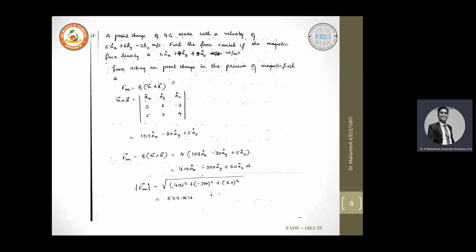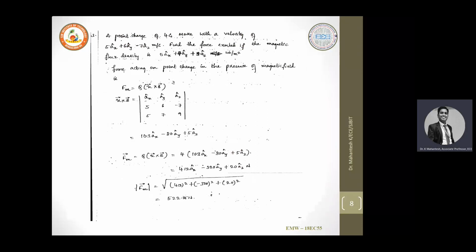V cross B can be solved using a determinant form as shown in the matrix a_x, a_y, a_z, identifying the components of V in terms of a_x, a_y, a_z as well as B in terms of a_x, a_y, a_z, substitute and find the determinant.